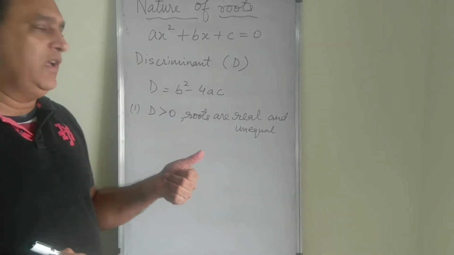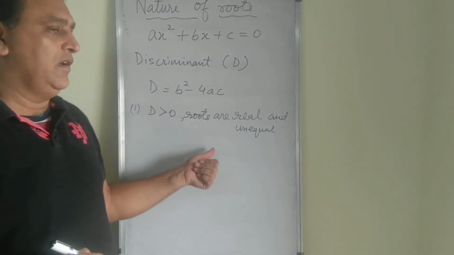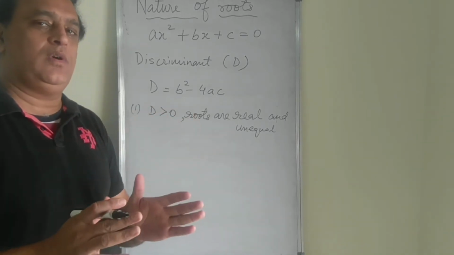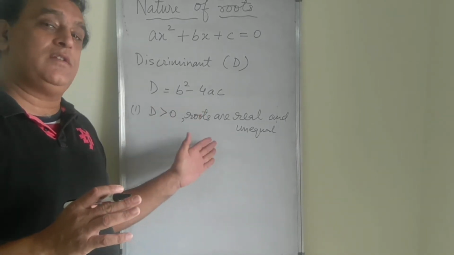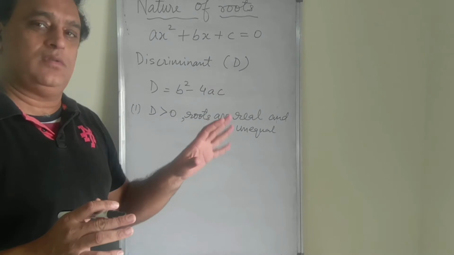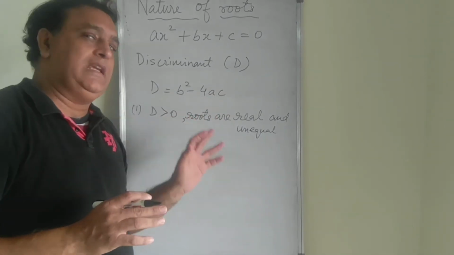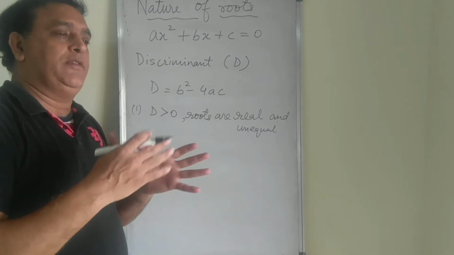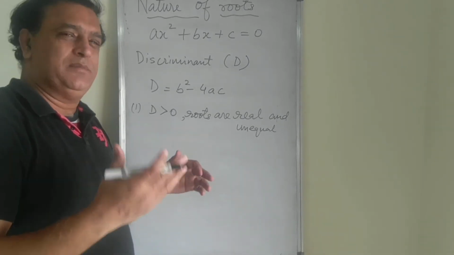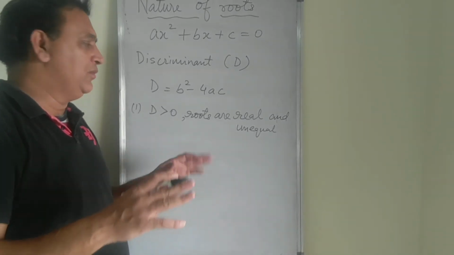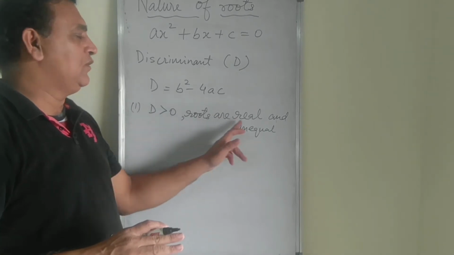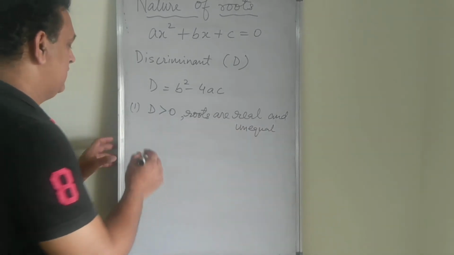Those will be two cases. If D is a perfect square, then the answer will be a rational number, meaning there is no root sign in the answer. And if D is not a perfect square, then you may get irrational numbers, meaning your answer will be under the root. But you can write down the nature of roots as real and unequal.